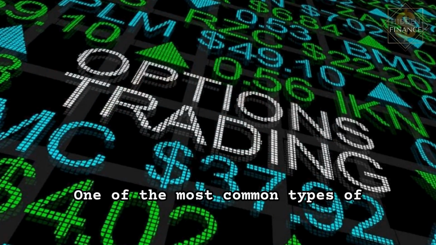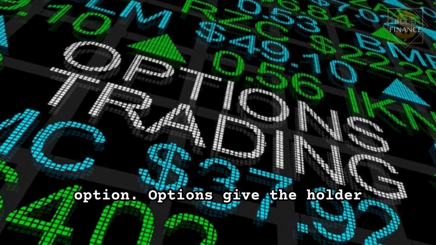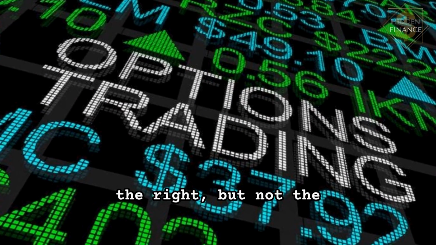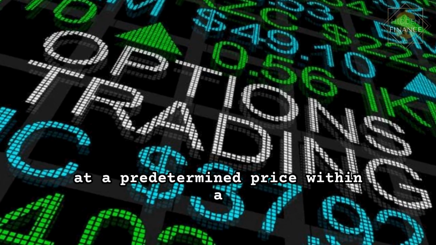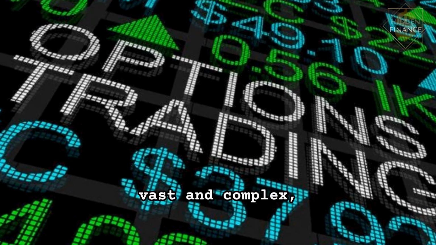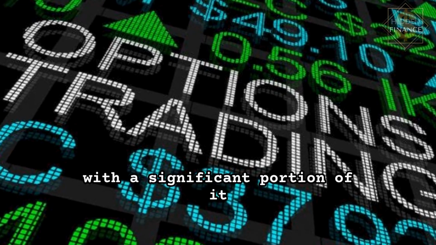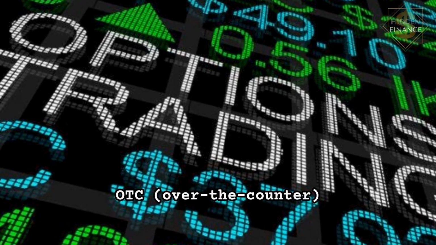One of the most common types of derivatives used for speculation is the option. Options give the holder the right, but not the obligation, to buy or sell an underlying asset at a predetermined price within a certain period. The derivatives market is vast and complex, with a significant portion of it taking place in unregulated markets known as OTC, over-the-counter markets.